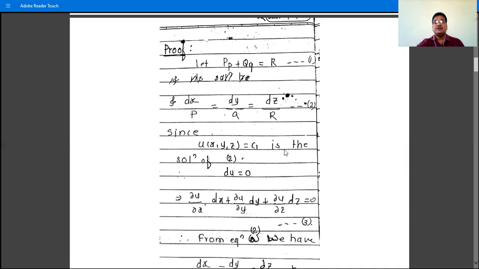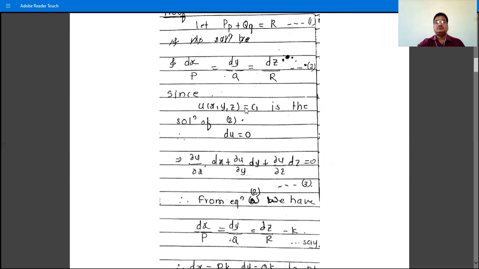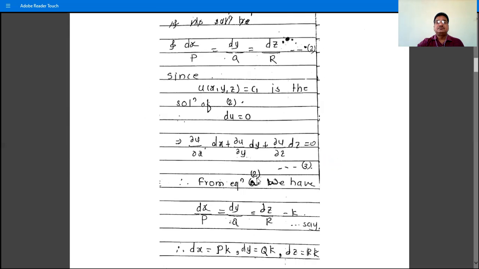Since u(x,y,z) = c1 is the solution of 2, we have du = 0. The complete derivative of u is ∂u/∂x dx + ∂u/∂y dy + ∂u/∂z dz = 0.